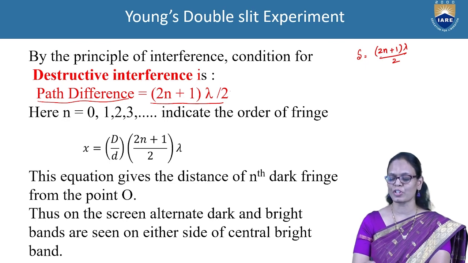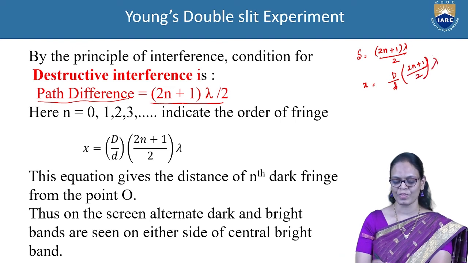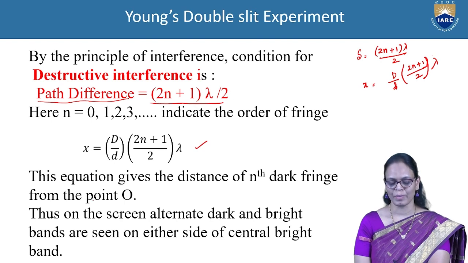So we are going to substitute this condition and get X. So X will now be equal to capital D by small d into 2n plus 1 by 2 into lambda.